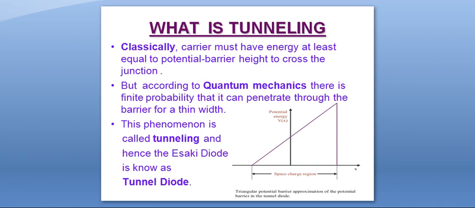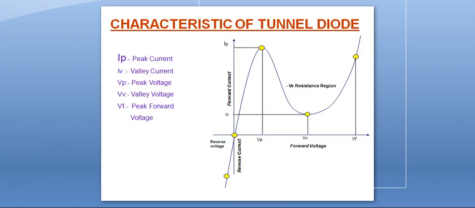These high impurity density PN junction devices will be formed with either the highest form of energy or the lowest form of energy only. This is analyzed using quantum mechanics. And the next one, characteristics of the tunnel diode.